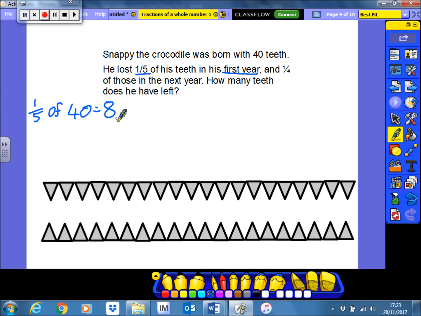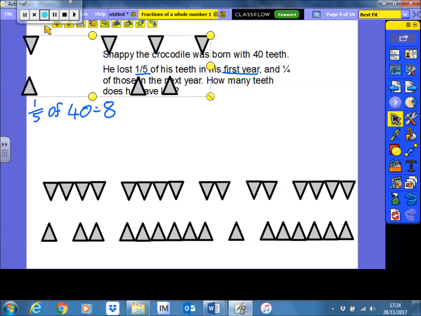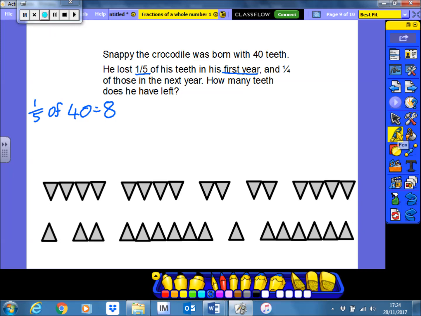So let's take 8 of those teeth and yank them out. Sorry, Snappy. Out they come. Off they go. Okay, so how many teeth has he got left? Well, he had 40, but he's lost 8 of them, so he has 32 teeth left.